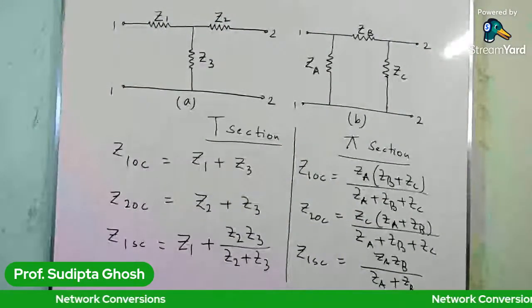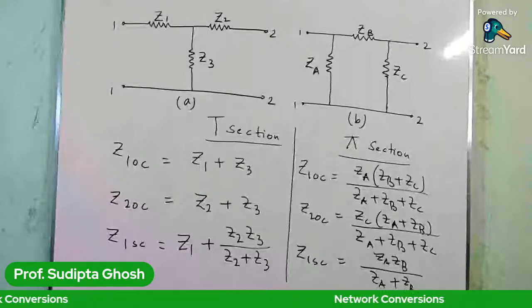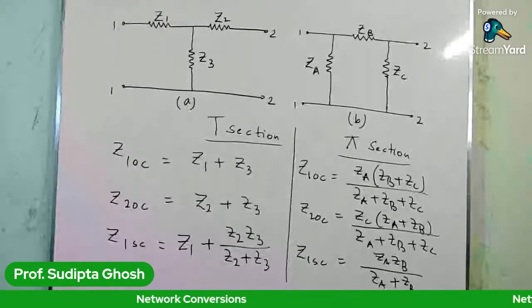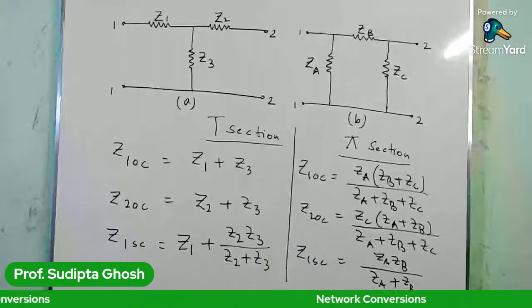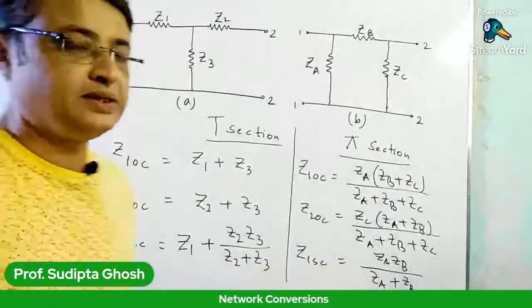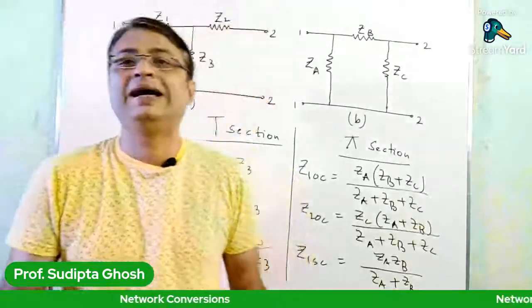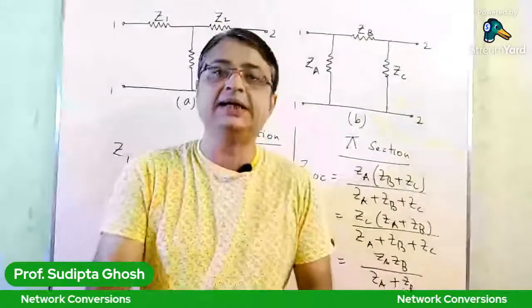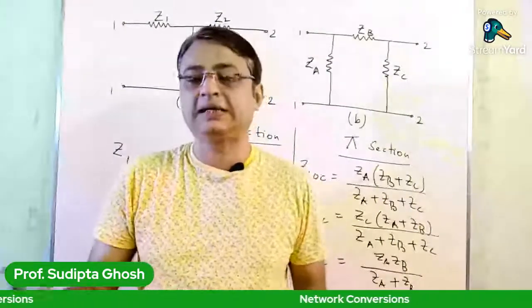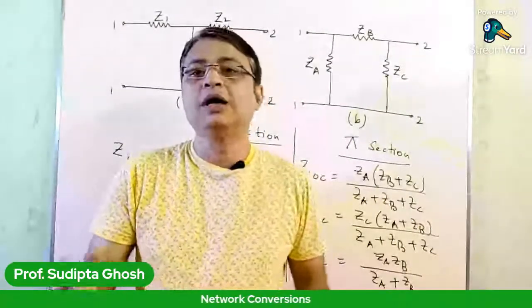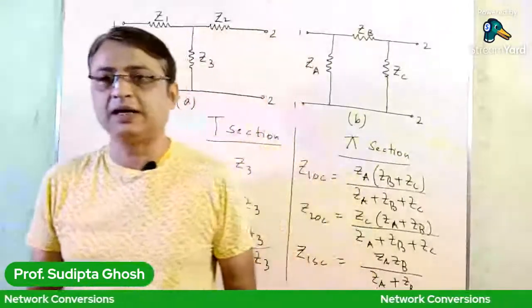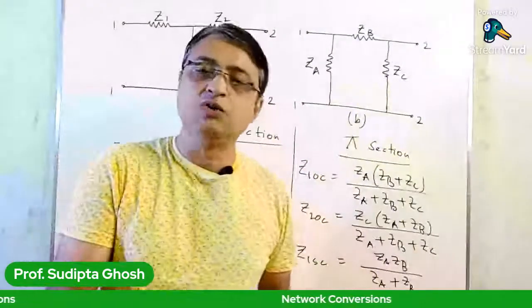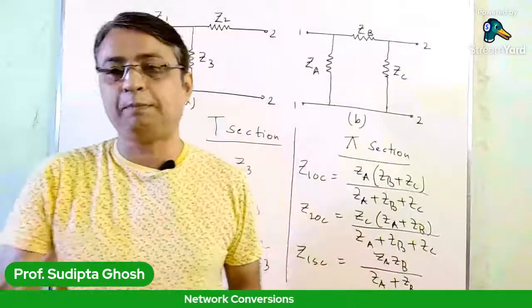If these two networks were placed in boxes and only the terminals were brought out, as in the black box representation of a circuit I mentioned in our last class, where the entire circuit is placed inside a box and only the terminals come out, you cannot recognize which is a T circuit and which is a pi circuit.